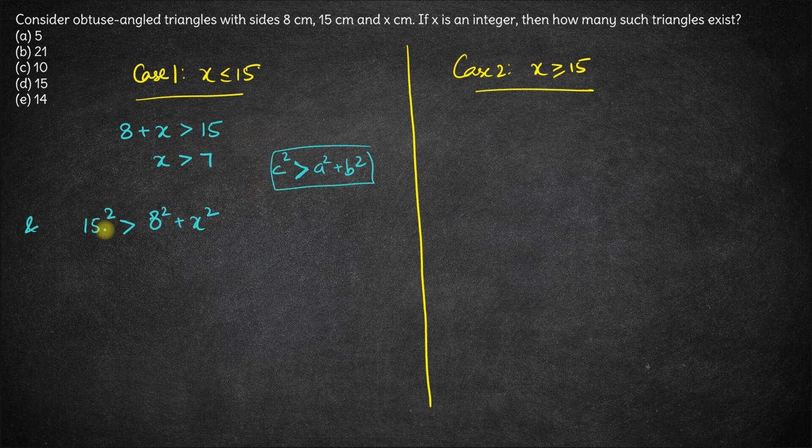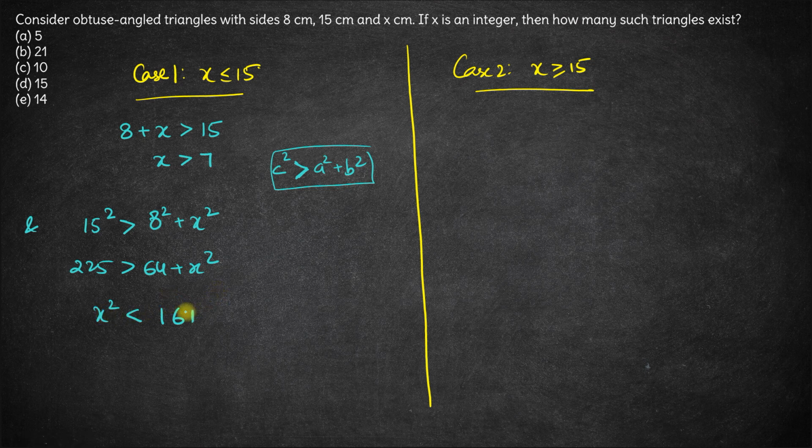Fine. So here 15 square is 225, which is greater than 64 plus x square. So we have x square will be less than 225 minus 64. So 225 minus 64 will be 200 minus 39, so this is 161.